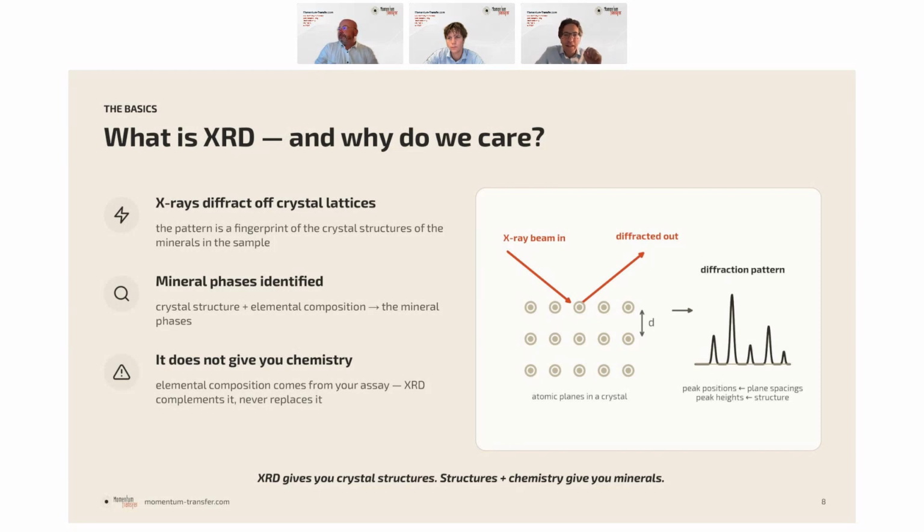However, those intensities of the peaks are not the most sensitive part of the signal that you see. That's why it does not reliably give you the chemistry of your minerals.